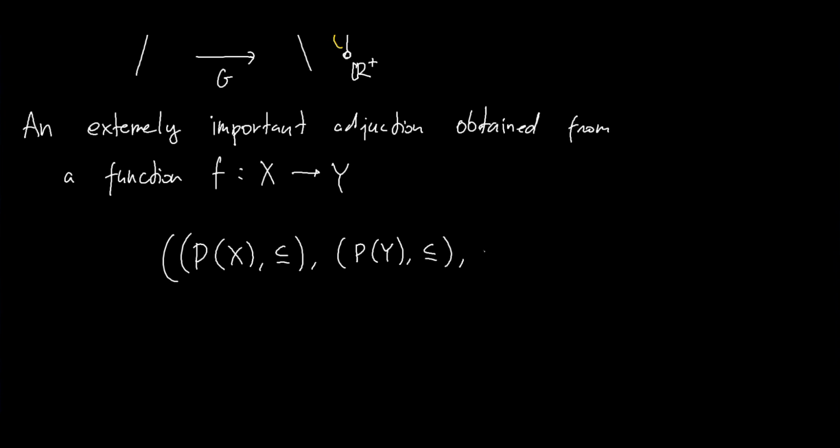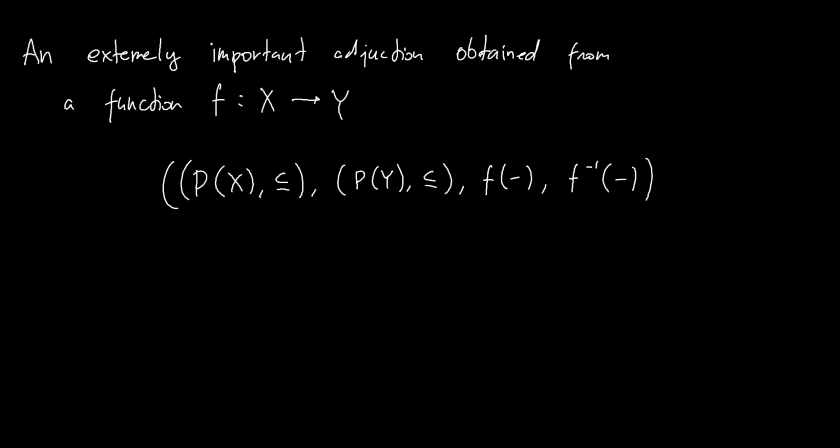And the left adjoint and the right adjoint are given by the direct image mapping. Sorry, this shouldn't be a dot there. And by the inverse image mapping. So how can we confirm that this gives an adjunction? Well, first let's describe what these mappings are.